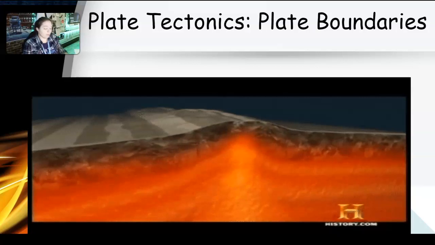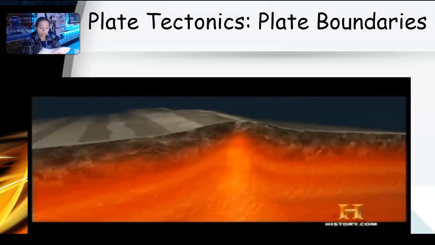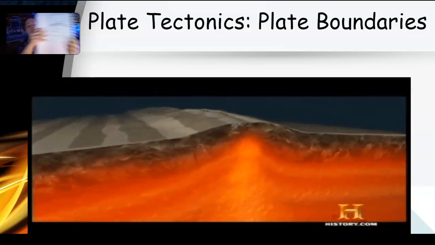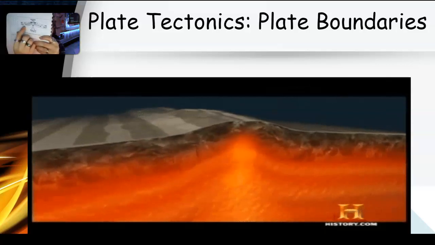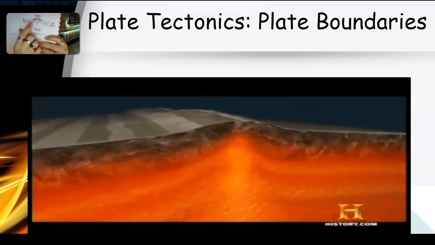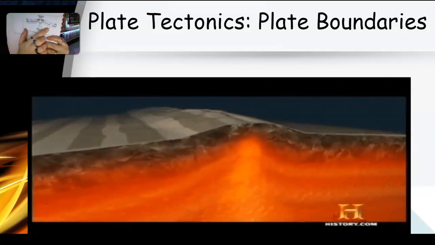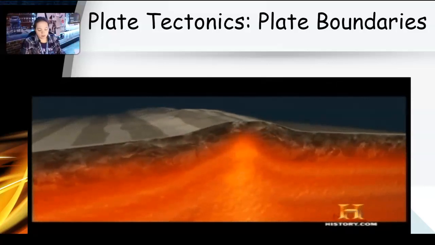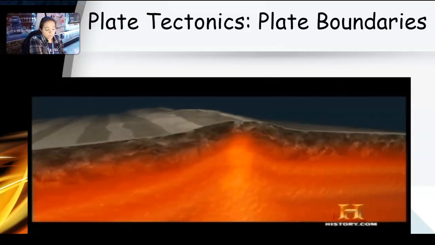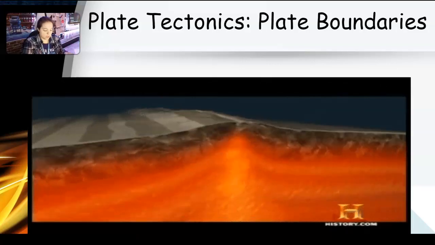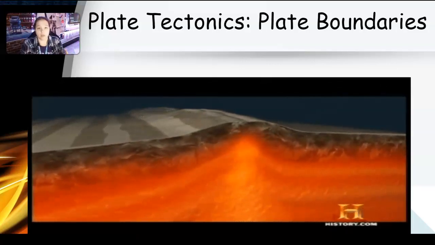At the divergent plate boundaries, you're going to notice that it spreads, and we have different colors. These different colors just signify that we have different polarities.